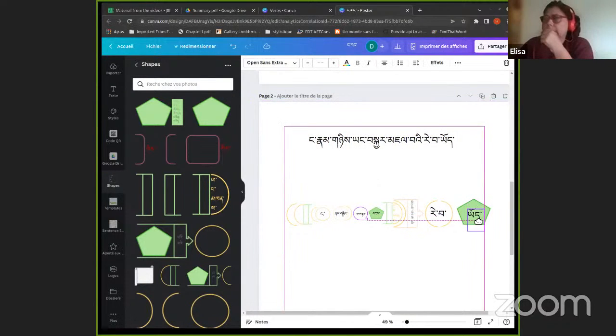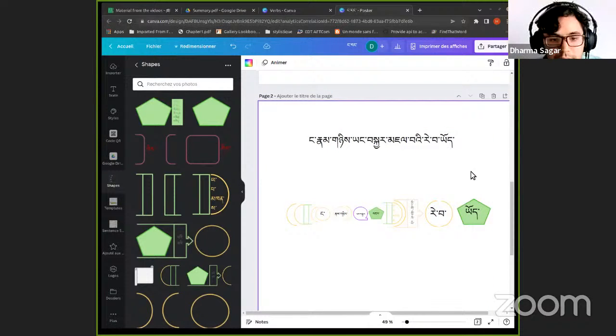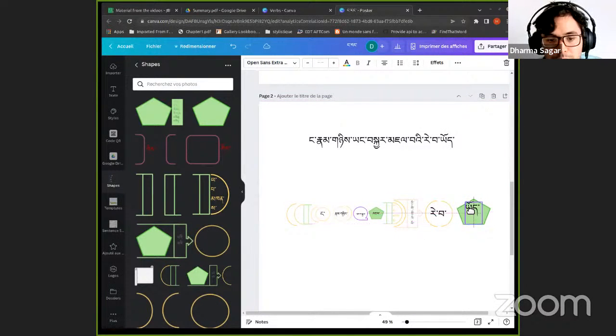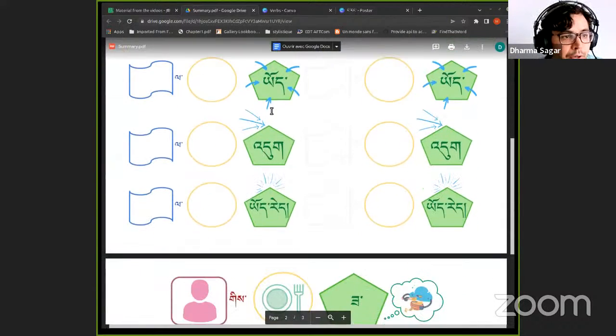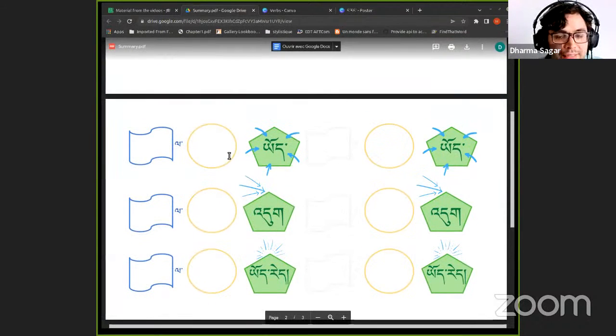Isn't rewa a verb here as well? No, here no. The reason for that is that the structure of ye does not require it. The only way you can make a sentence with ye is like that. So you need to have a component of location, and then an object, which is a noun.